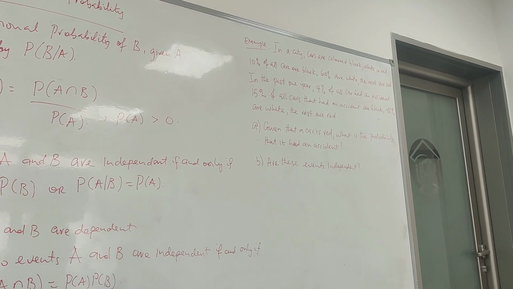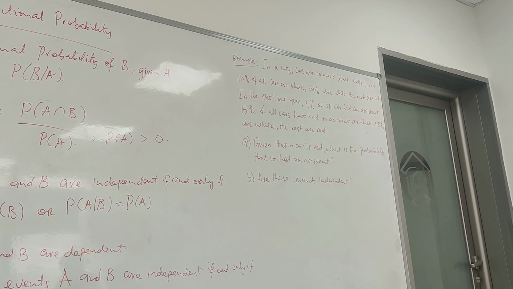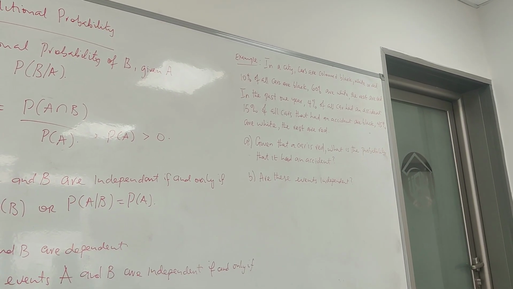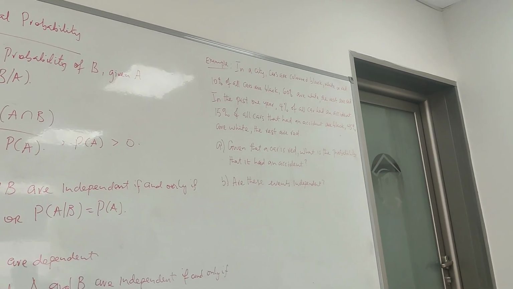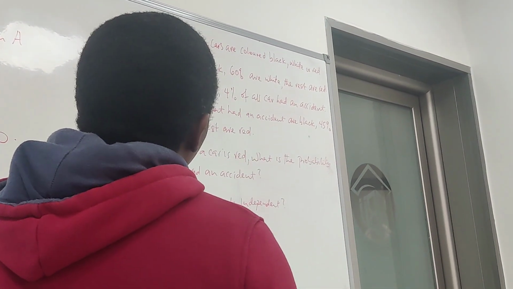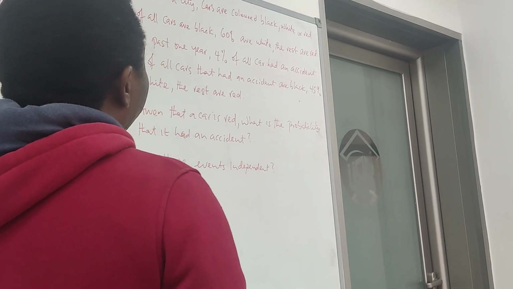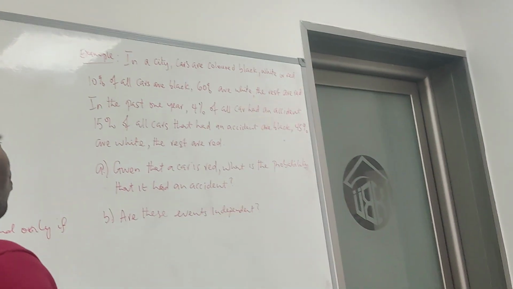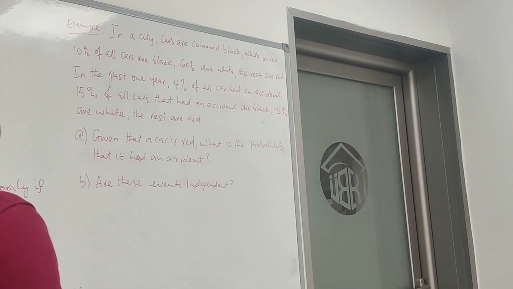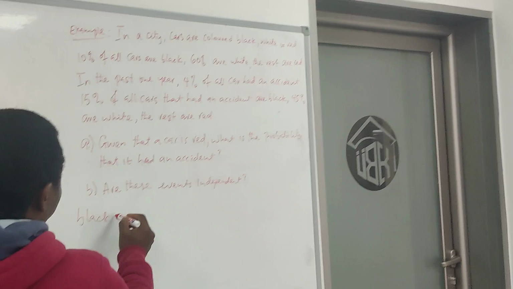Now, we're told from that question that only 4% of all these cars had an accident. So, for us to get the probability of the black car, in a city, cars are colored black, white, or red. 10% of all cars are black. So, black cars that were involved in an accident.